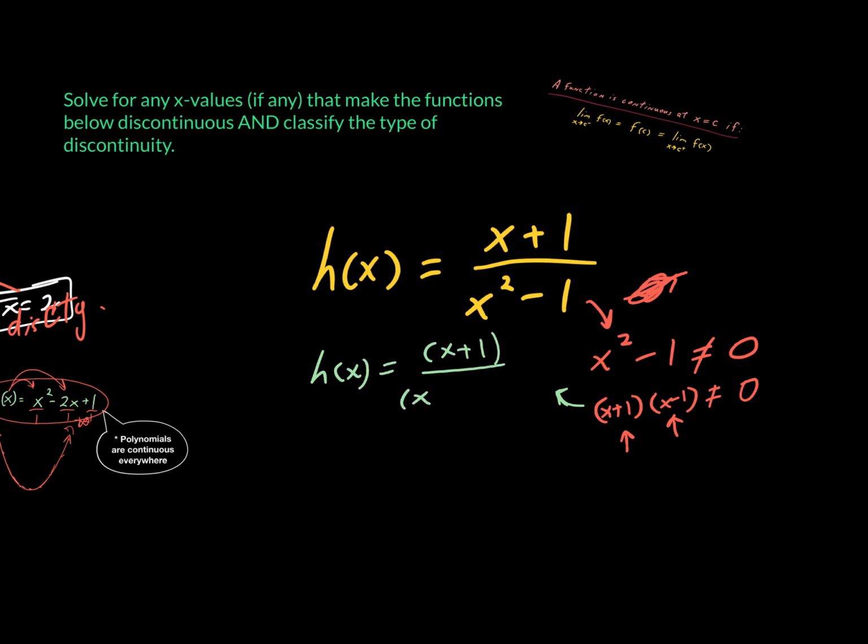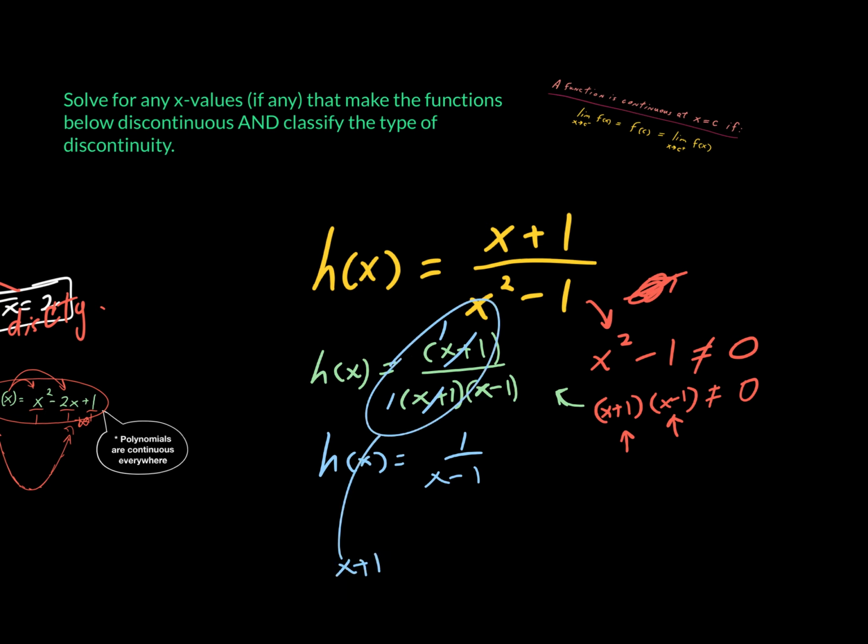If we factor the bottom here, like we just did over there, that will cancel with that, and I'm left with an h of x that equals 1 over x minus 1. Notice how we were able to remove this problem at x plus 1. When you cancel a common factor out, that means you have a hole, and you're going to have a hole at x equals negative 1.